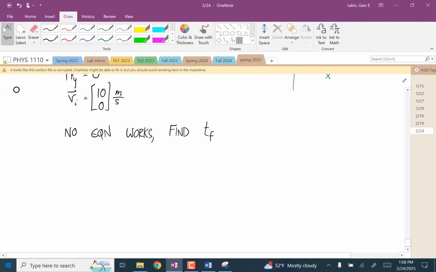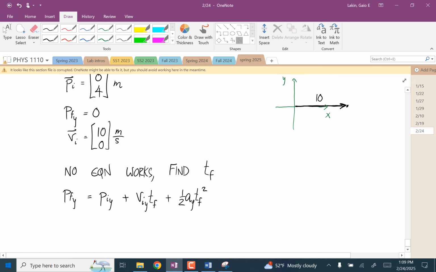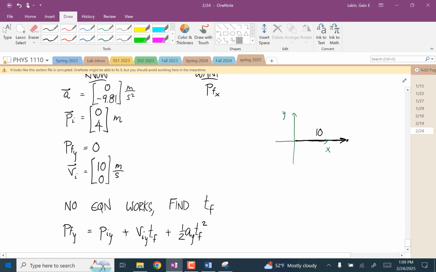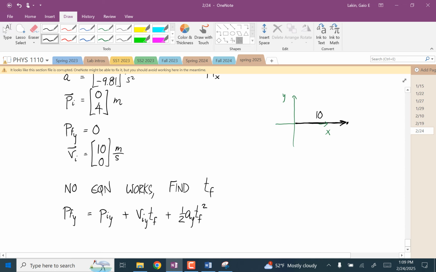The one that we're going to be able to use here is PFY is equal to PIY plus VIY TF plus 1/2 AY TF squared. We can at least check and make sure that works. We're trying to find TF, and it has that. PFY we know. PIY we know. VIY we know. AY we know. So this one should work.